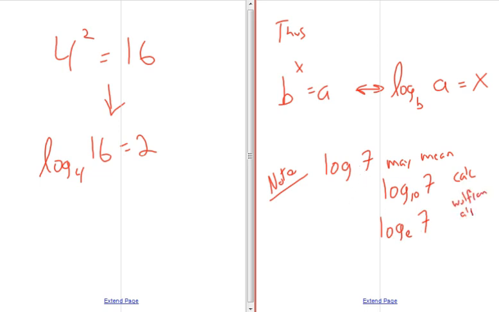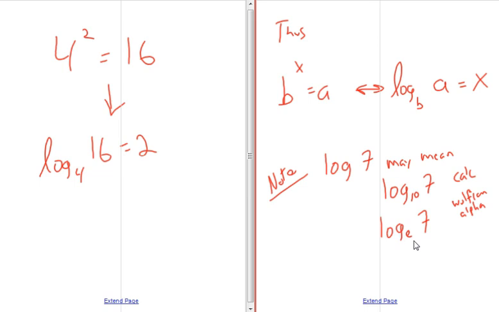If you are on the Wolfram Alpha website and you just type in log 7, then it is going to assume that you mean log base e of 7. You're like, well, what is e? Well, we'll get to that here in a second. In fact, they actually updated their website a little bit to let you know that this is the case.